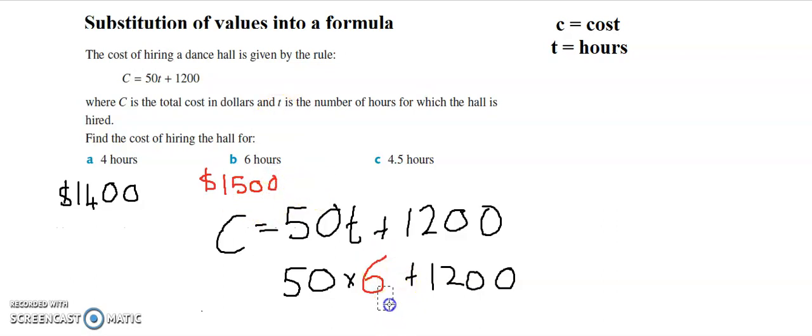And now I go to the last one, which is 4.5. So 50 times 4.5 is 225. And then I'm adding it onto 1,200, which is 1,425.